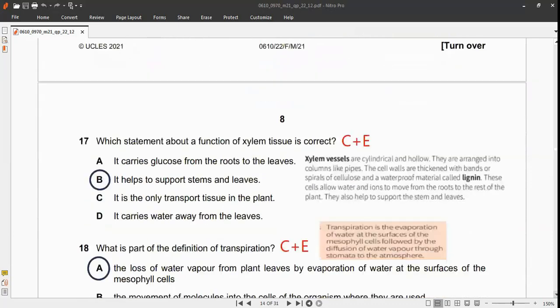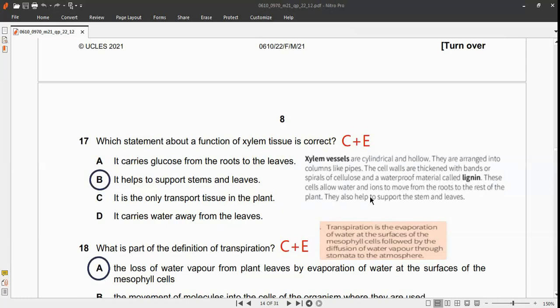Which statement about the function of xylem tissue is correct? Xylem vessels are cylindrical and hollow. They are arranged into columns like pipes. The cell walls are thickened with bands or spirals of cellulose and a waterproof material called lignin.